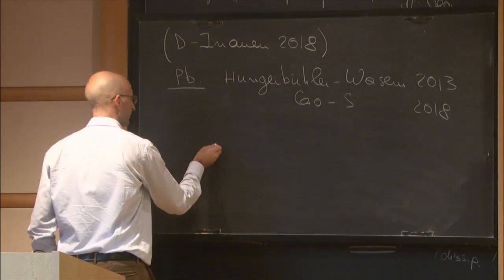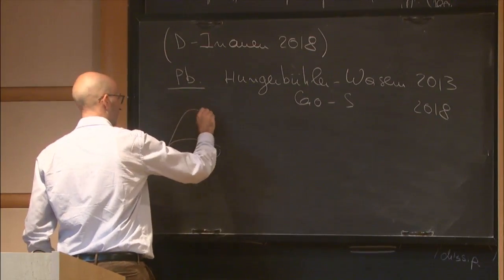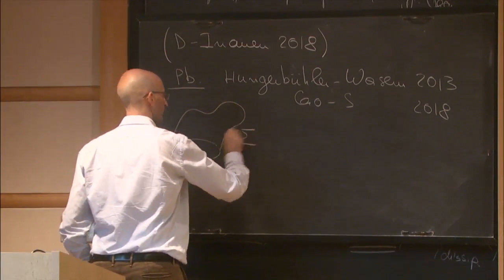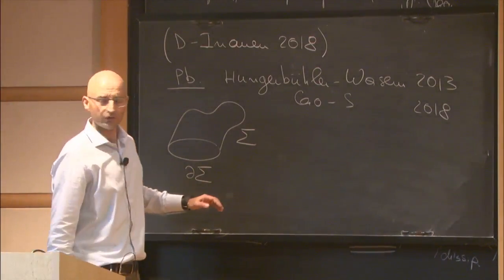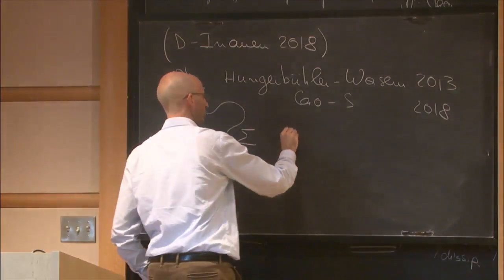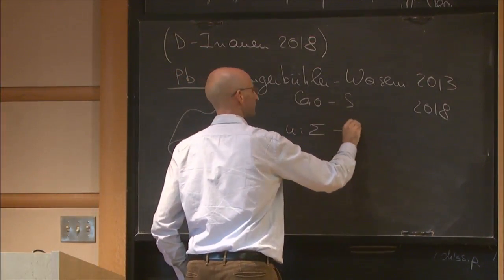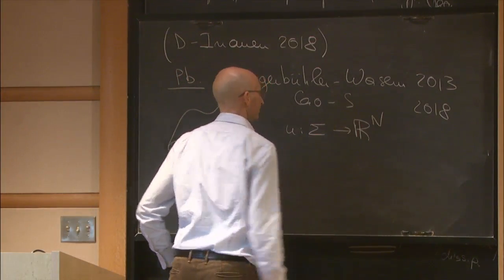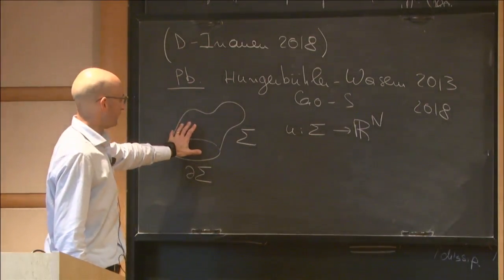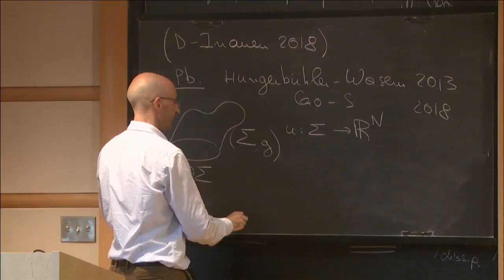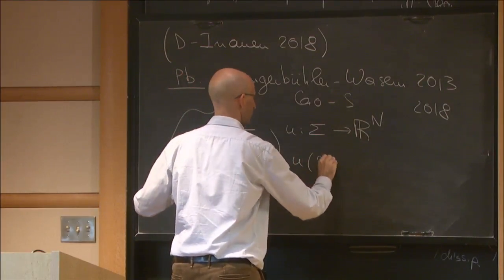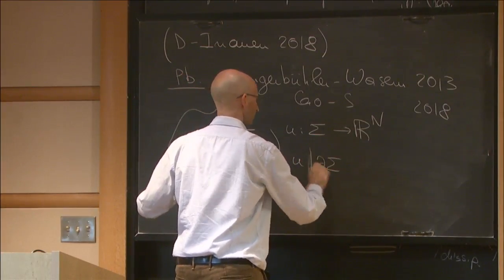Let's fix a sigma with a certain boundary. And what I want to do is take an isometric immersion U from sigma into Rn. But I want not only it to be an isometric immersion, I also want to prescribe what U is doing at the boundary. So U at the boundary is prescribed.